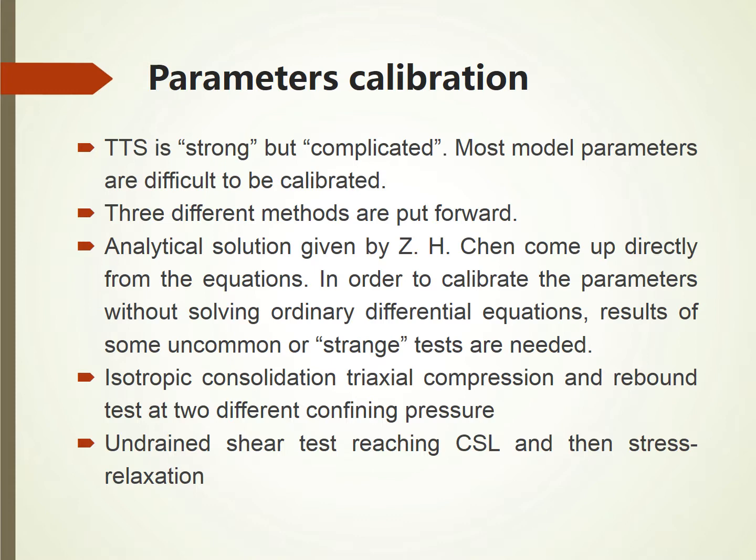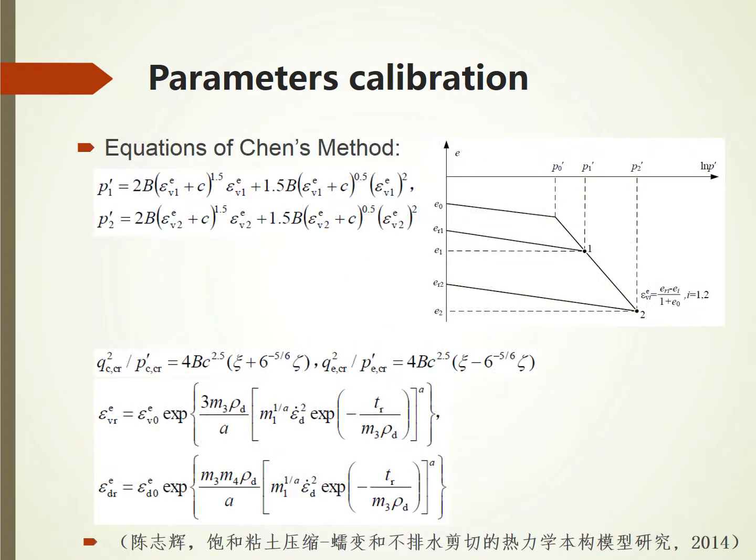Isotropic consolidation, triaxial compression and rebound test at two different confining pressures, and undrained shear test reaching the critical state line, and then stress relaxation. These two tests are used. Here are the equations of Chen's method.